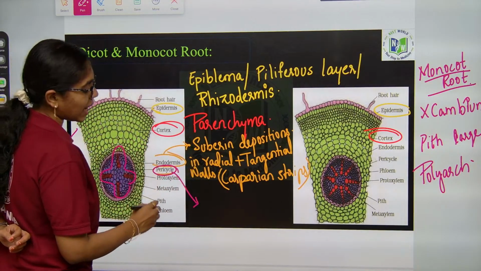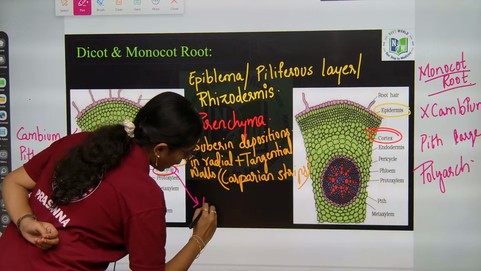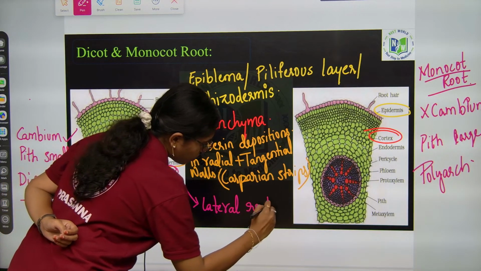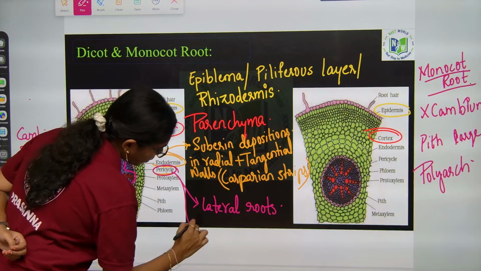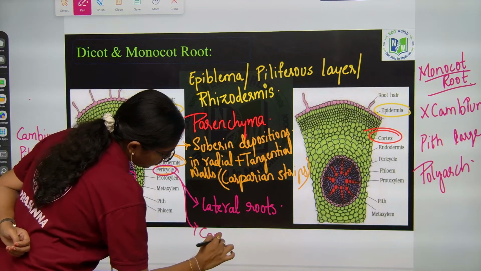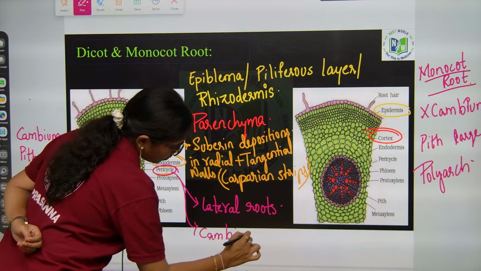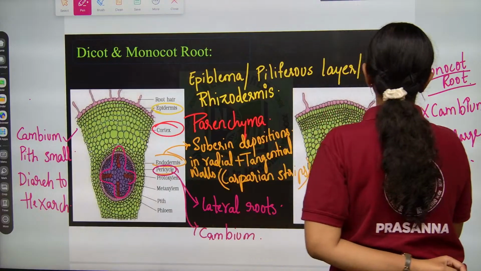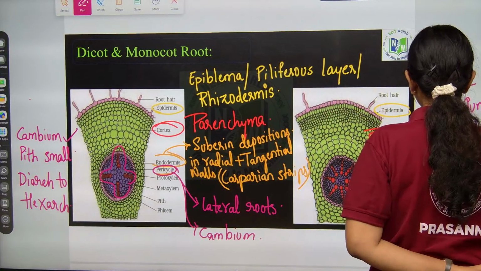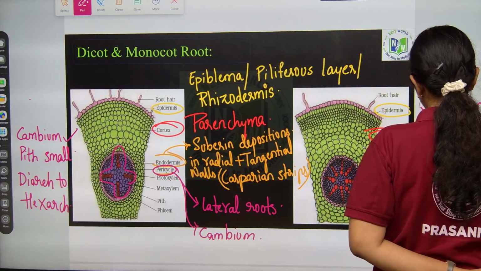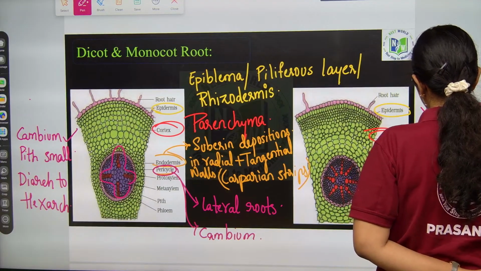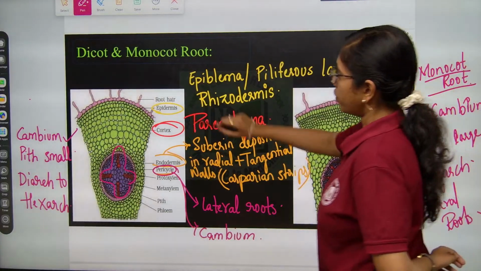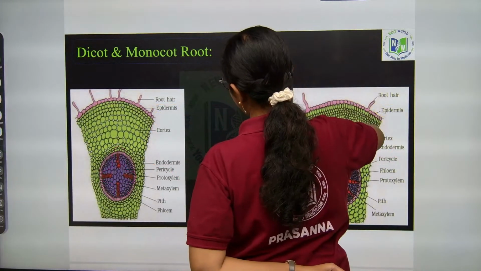So pericycle will give rise to lateral roots and cambium in dicot root. In monocot root, this will give rise only to the lateral roots, not to the cambium. Clear, right? Any doubts anywhere? No. Now, dicot and monocot stem we will see.